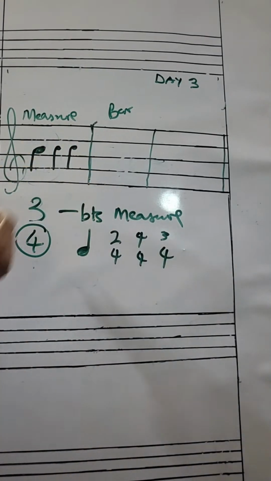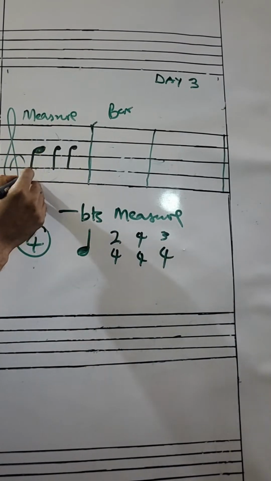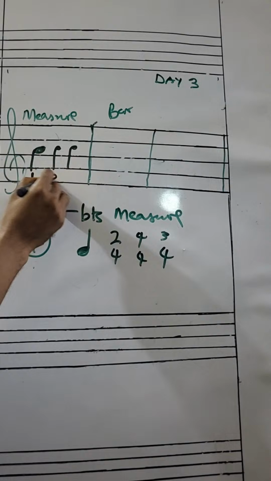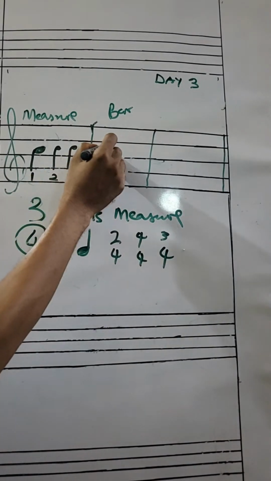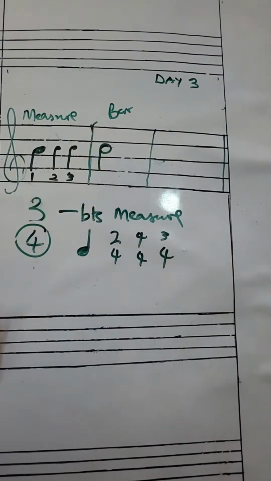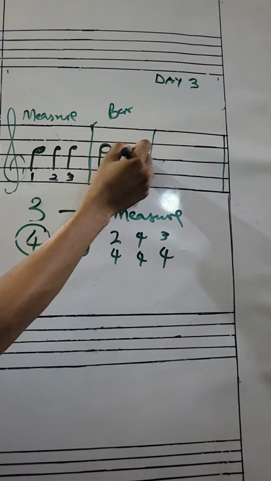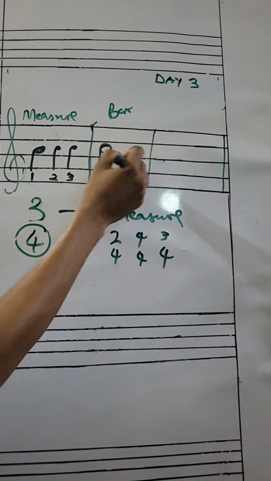That is to say, when you see a 3-4 time signature, we have 1, 2, 3. If you see, this is my half note and a quarter note as well.